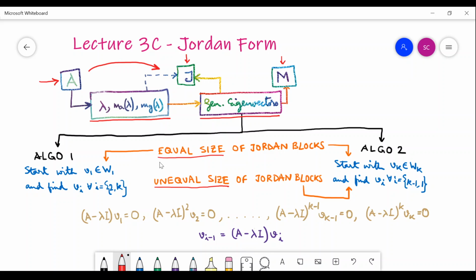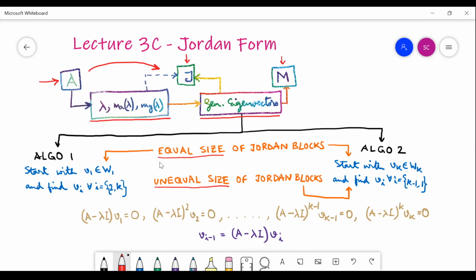But you will also see that your minimal polynomial has (x minus 2) squared. That definitely fixes the size of the largest Jordan block, which is 2. That means the Jordan blocks are of equal size here, because the total 4 is divided into 2 and 2. In that case, we can go through algorithm 1 as well as algorithm 2.